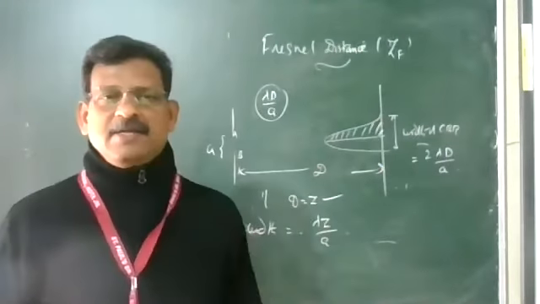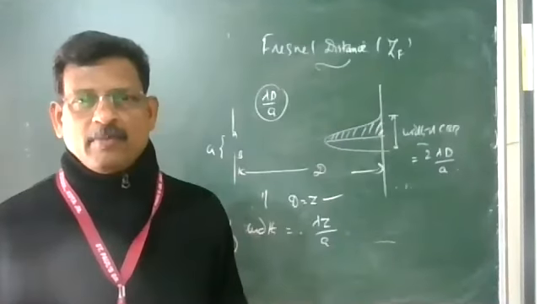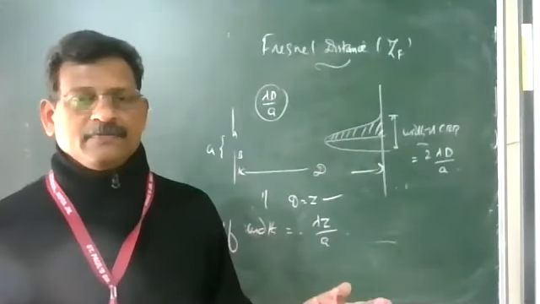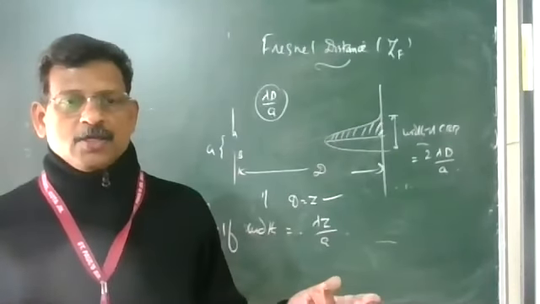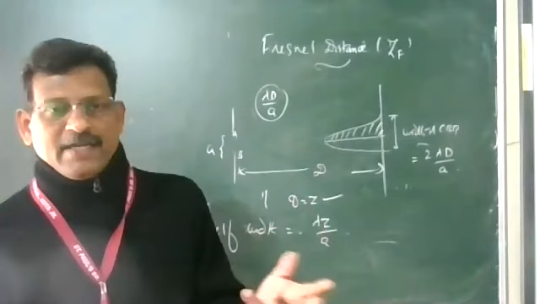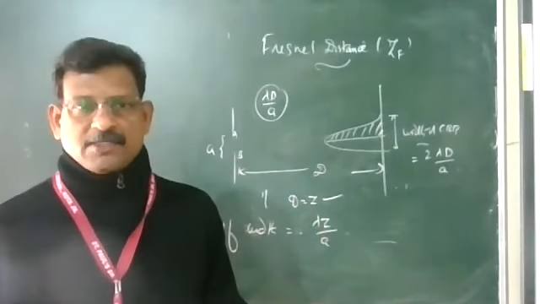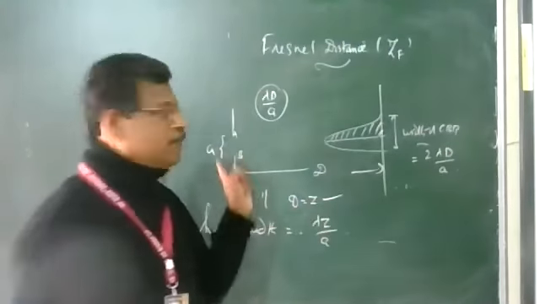The half width can be in millimeters, micrometers, or nanometers, anything. So what will be the condition for the half width of the central maximum to be greater than the width of the slit?